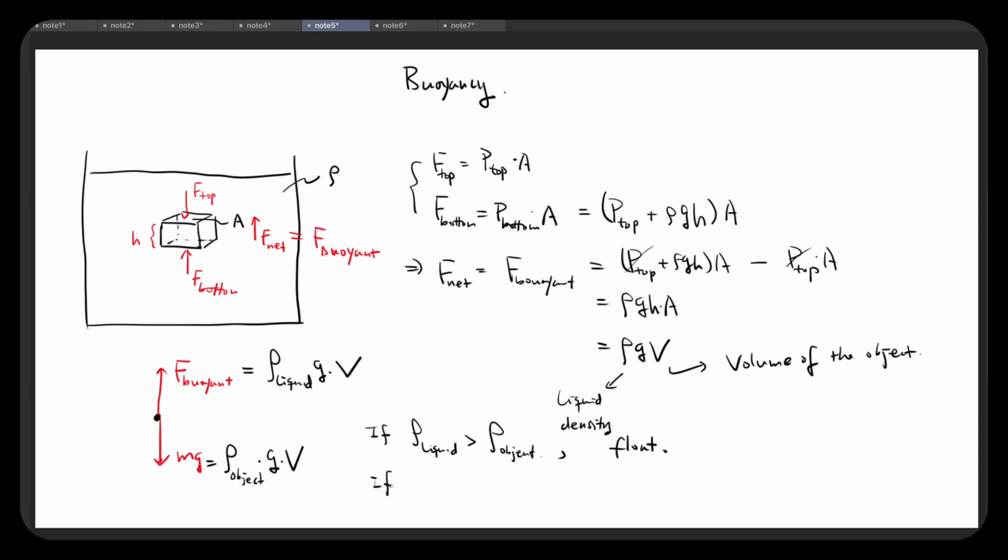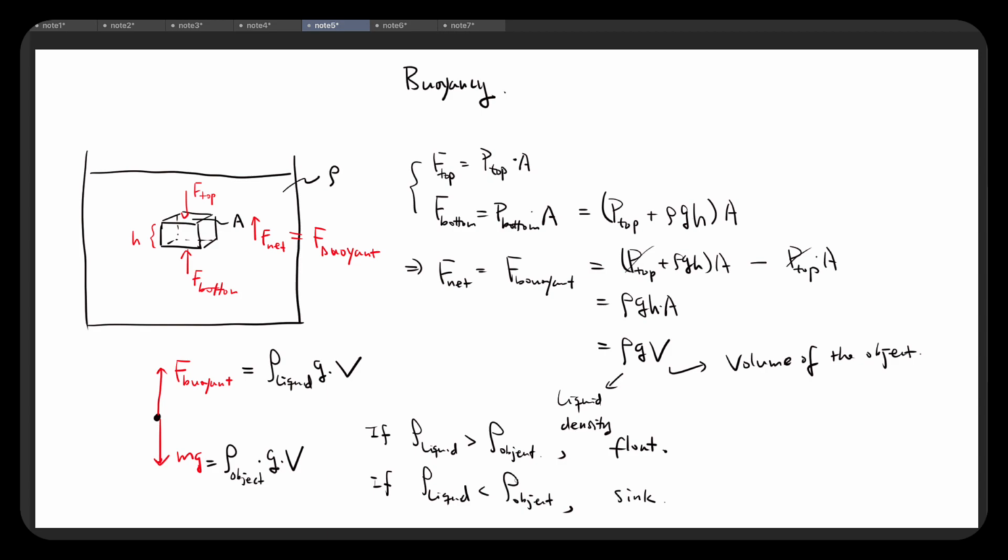And if rho liquid is less than rho object, then gravity is going to be greater than the buoyant force, so the object is going to sink. To summarize, the relative magnitude of the liquid density and the object's density will determine whether the object can float or sink.